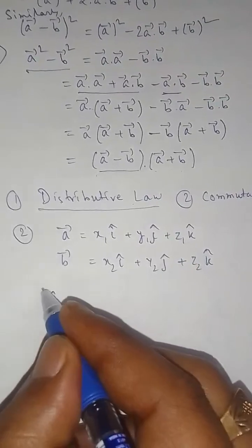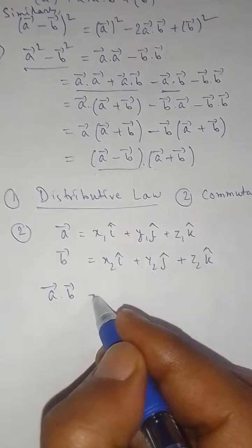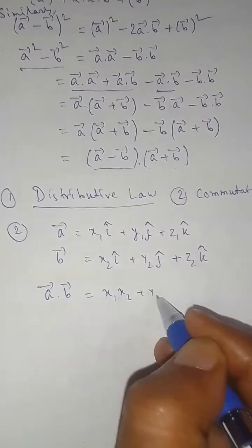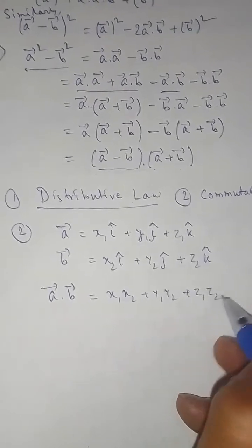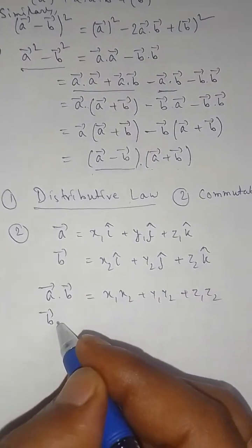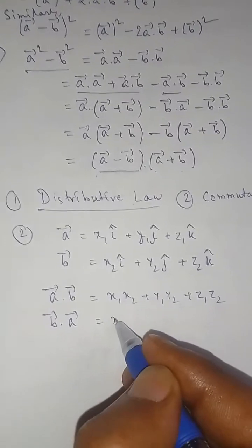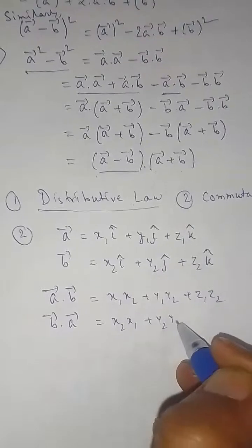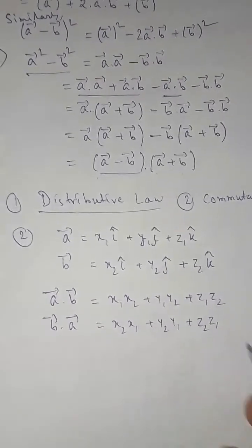Then a vector dot b vector is equal to x1 x2 plus y1 y2 plus z1 z2, and b vector dot a vector will be the same: x2 x1 plus y2 y1 plus z2 z1.